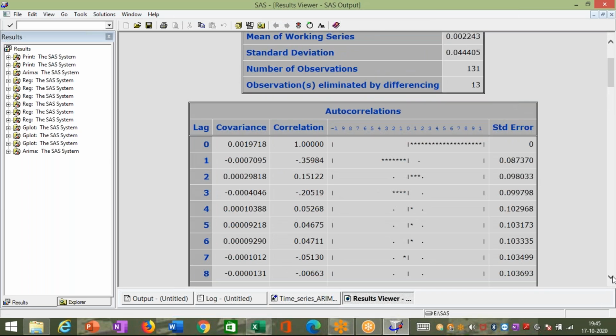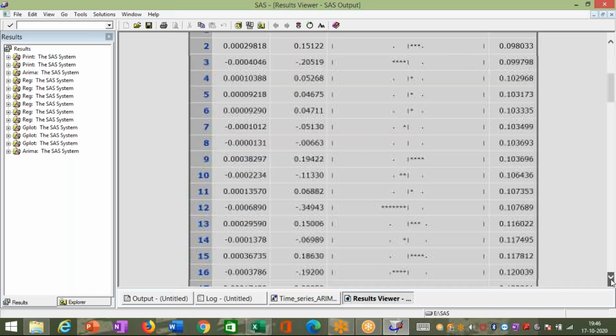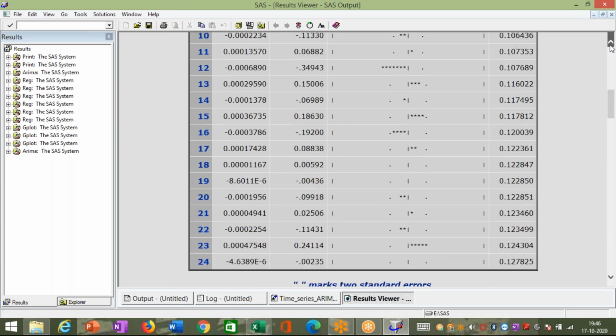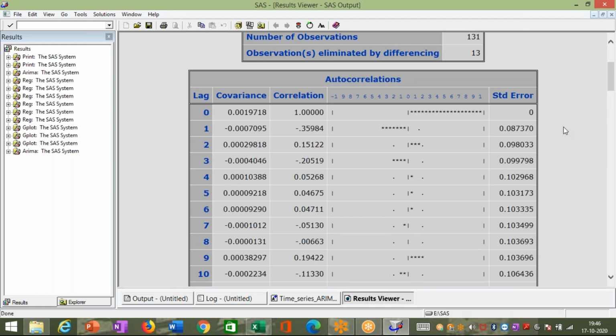Now the moment I have applied this, one of the things you can see is that the correlation pattern has changed. Given that the trend has been removed from the series, the pattern of movement has totally changed. This ACF has totally changed.